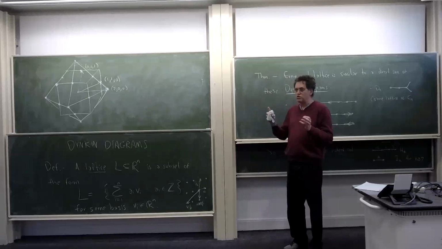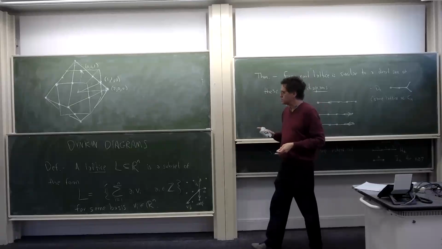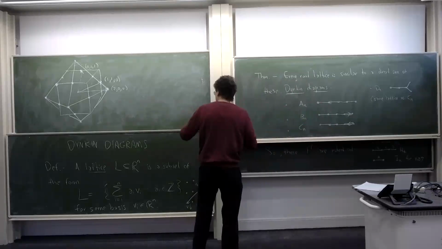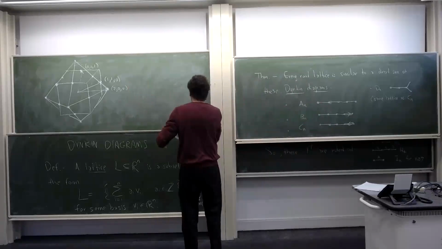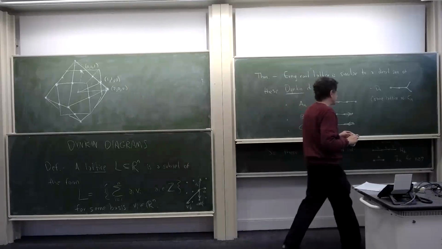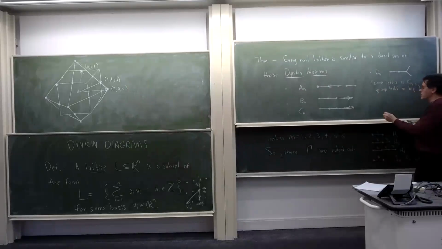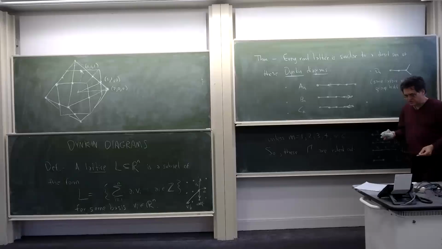So from a cube, you can get a demi-cube by just taking every other vertex. And so you get a symmetry group that's half as big. So you don't get the full symmetry group of the cube in this case, but just a group that's half as big.